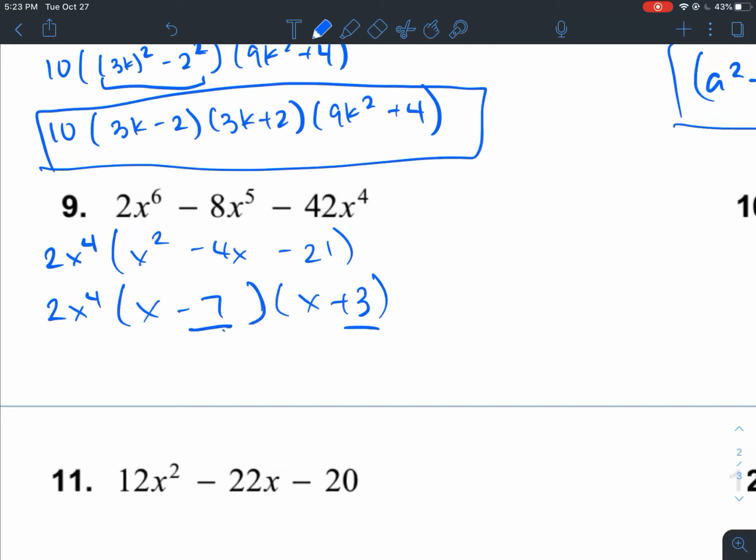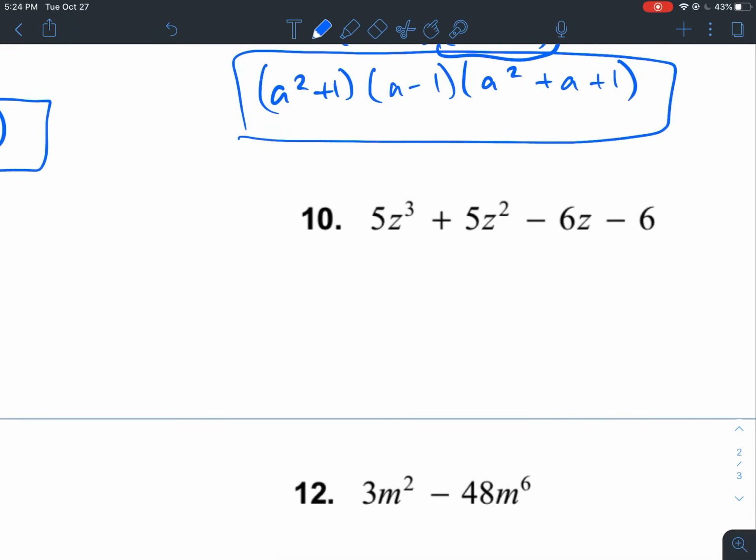Multiplied together, these 2 terms will give you negative 21. But then whenever you take these terms, so x and 3, that's going to be 3x, and that's going to be minus 7x. Together it will give you negative 4x, which is what we have right there. Okay, so that one's pretty easy.